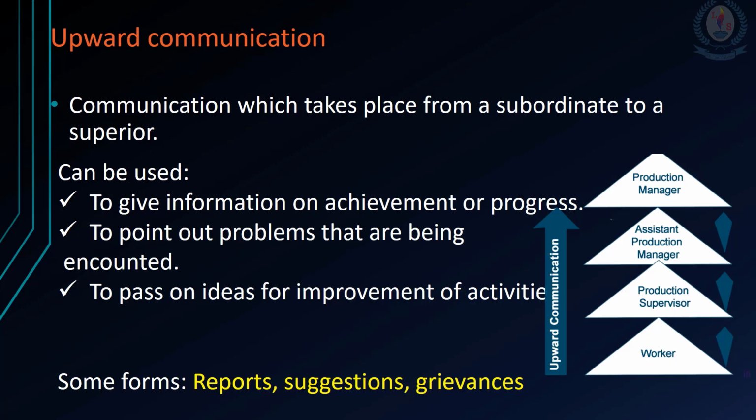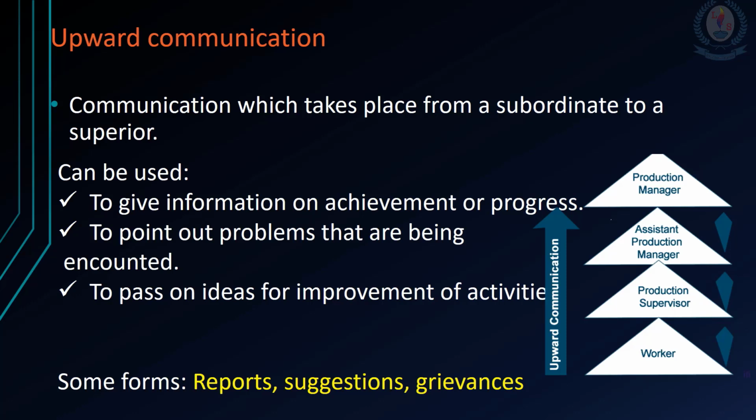We can also see some occasions where upward communication can be used: to give information on achievements or progress, to point out problems that are being encountered, and to pass on ideas for improvement of activities. So upward communication is a way of giving information or achievements.